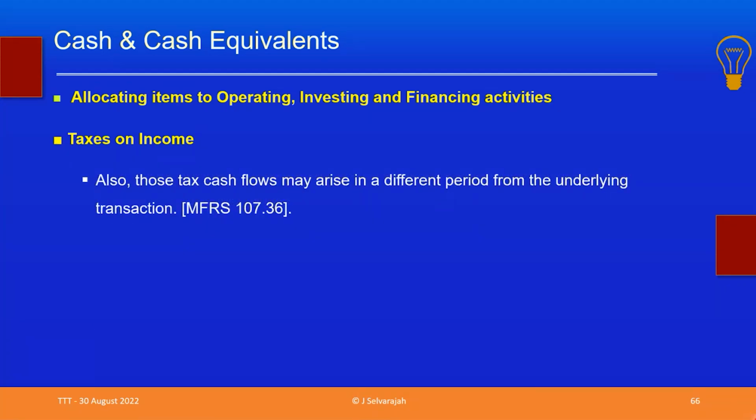Now, also those tax cash flows that may arise in different periods from the underlying transaction. Sometimes taxation may stretch here and there. Sometimes they may have back taxes, whatnot. It all goes into the current period tax, current period operating. So no such thing as, oh, we didn't pay.